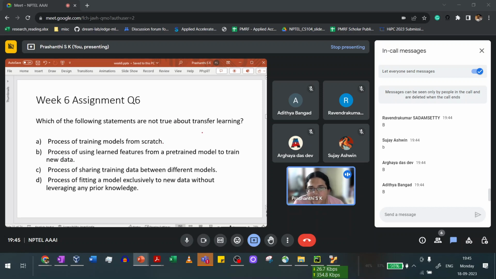Which of the following is not true about transfer learning? Training from scratch, using learned features from a pre-trained model, sharing training data between different models, fitting a model exclusively to new data without any prior knowledge.